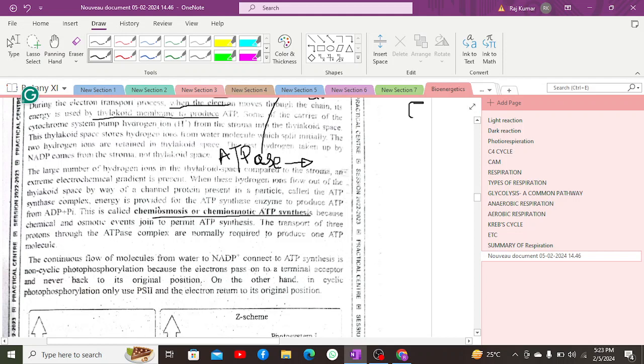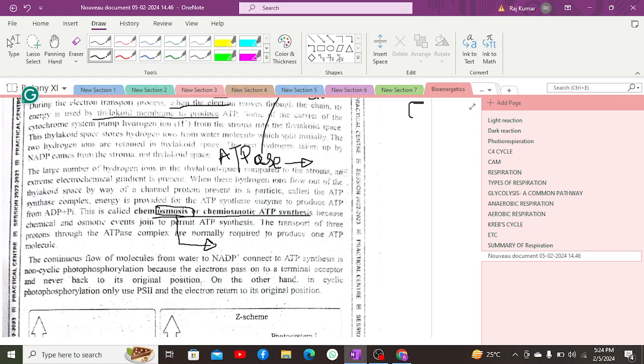Now here the term osmosis might confuse you, so why is osmosis here? The process occurring over here is not actually osmosis, because in osmosis we have the movement of water molecules from their region of higher concentration to their region of lower concentration through a partially permeable membrane. But here there is no involvement of water molecules. Instead, there is involvement of protons, which are part of water molecules.